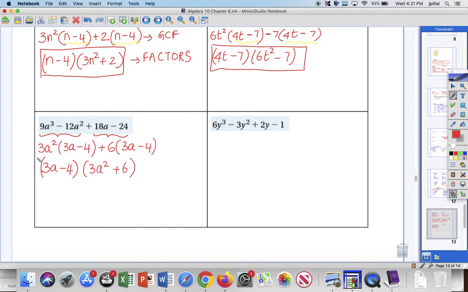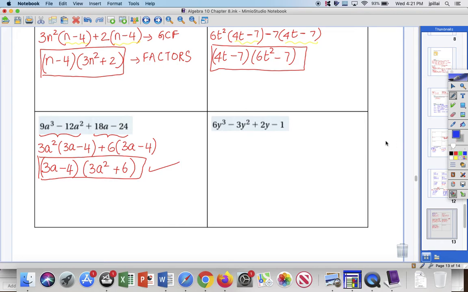Now if you think about it, if you distribute, you should end up getting the same answer, right? So 3a times 3a squared, and then 18a, minus 4 times 3 would give you that. So this is good, right? But do you notice something over here? 3 and 6, I'm tempted to factor out a 3 there.